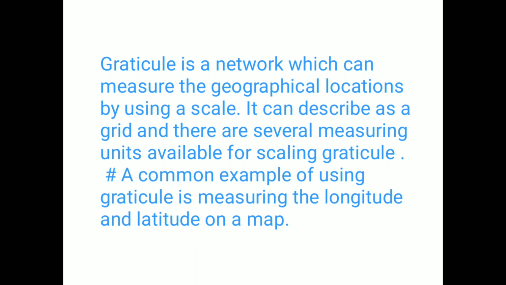It can be described as a grid, and there are several measuring units available for scaling graticule. A common example of using graticule is measuring the longitude and latitude on a map.